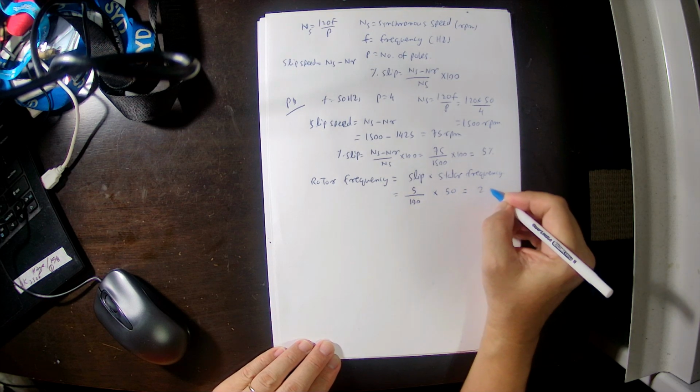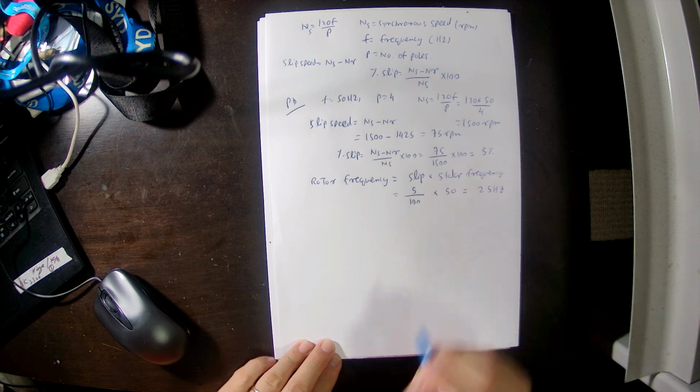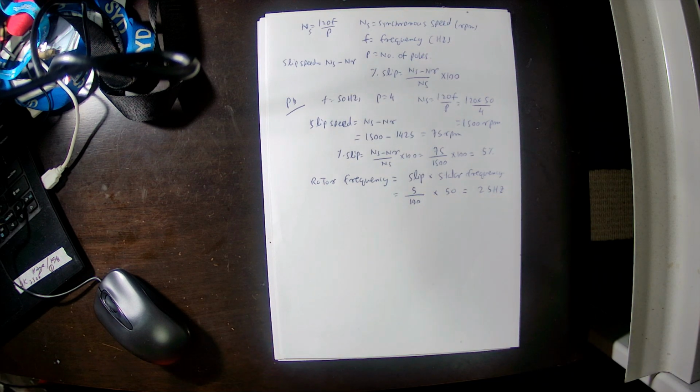So then you get 2.5 Hz. Rotor frequency 2.5 Hz we got. So this is how we do the slip speed calculation of the motor. Okay, the next one.